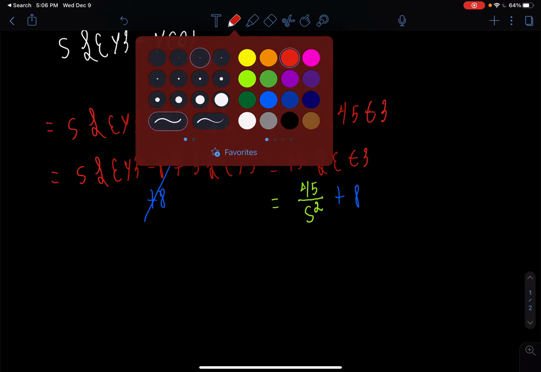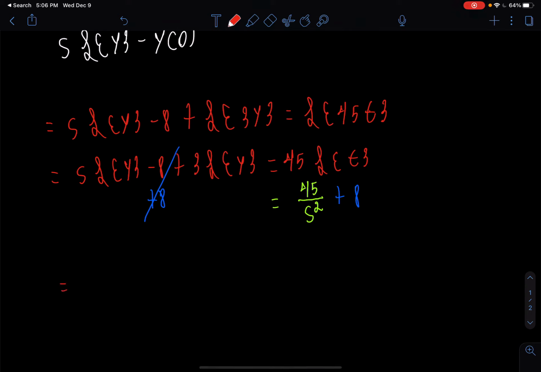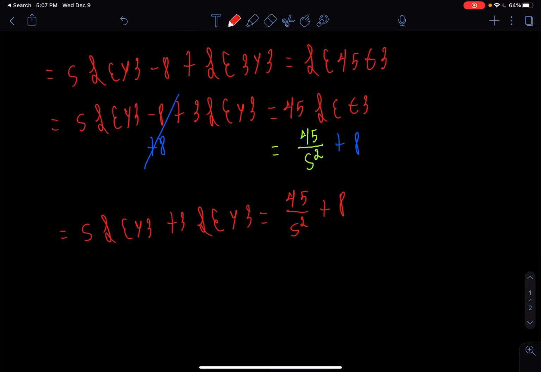Now let's rewrite this equation. We have s Laplace of y plus 3 Laplace of y, which is equal to 45 over s squared plus 8. Now let's look at the left side.